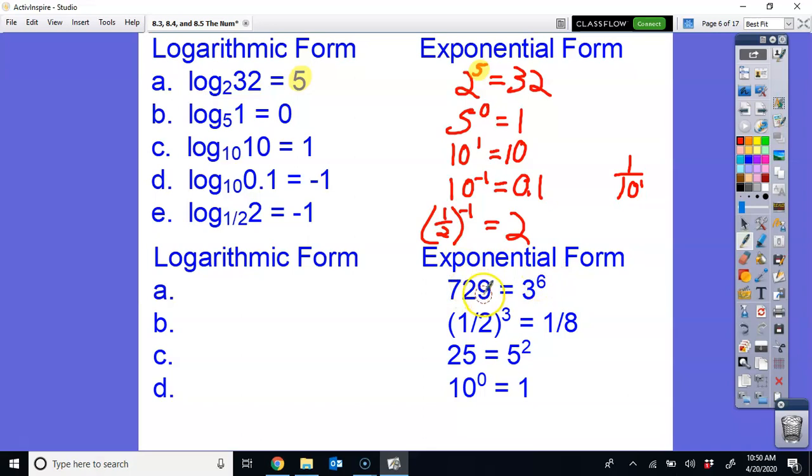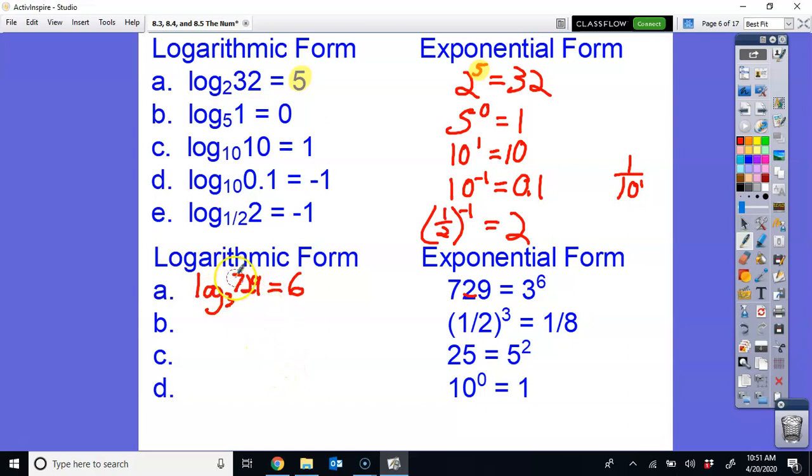Now say that again, but write it like this in logarithmic form. The base 3, okay, so that's the base on my logarithm, raised to this power 6, remember the answer was the exponent, equals 729. That's the thing that's inside the logarithm.